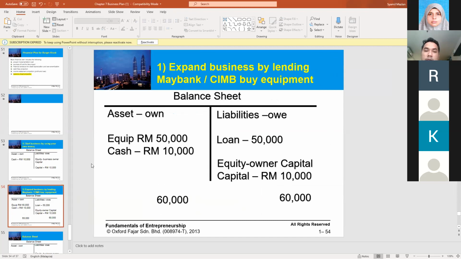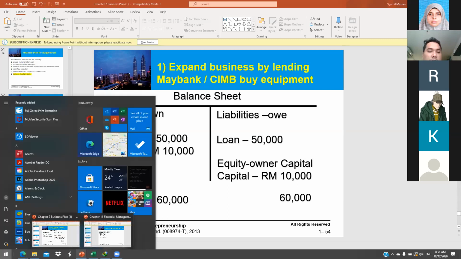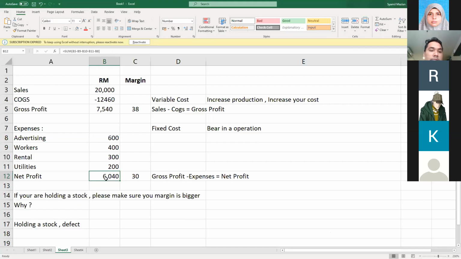Yes. Clear. Okay. What happened when you are selling a burger and you get a net profit? What happened to the balance sheet? I'll give you an example. Remember our case study?